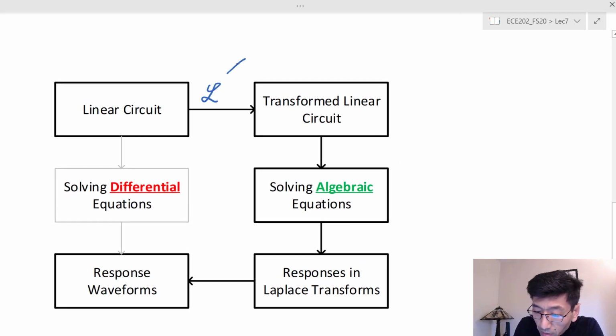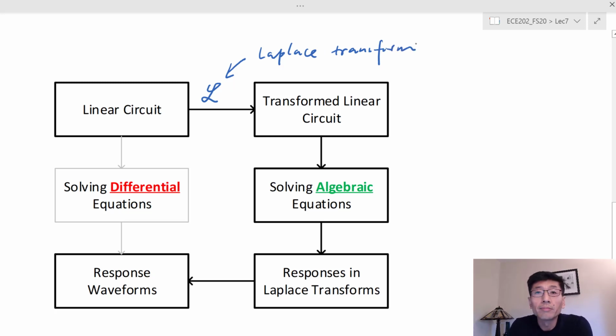And so this is the Laplace transform, and this could be any linear circuit. So it doesn't have to be in steady state, or it doesn't have to be with a sinusoidal signal. It could be any signal.